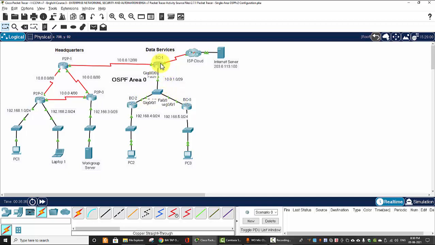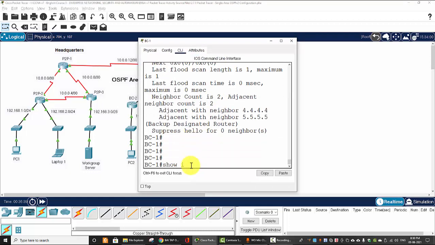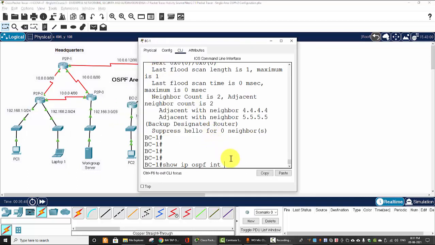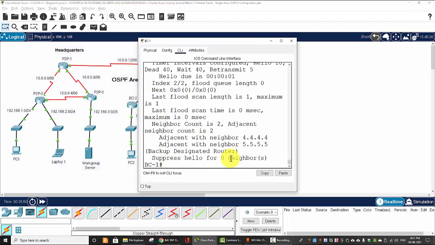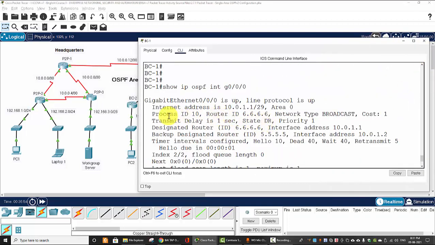For example, on BC1 we enter the command show ip ospf interface gigabit 0/0/0 and we check the information here.